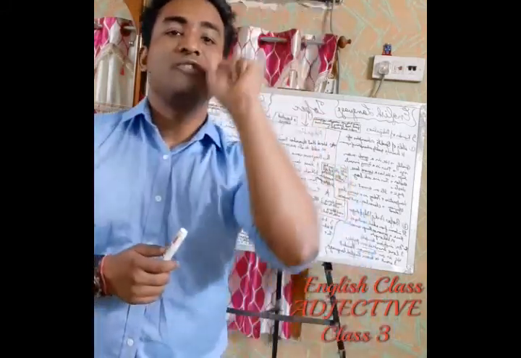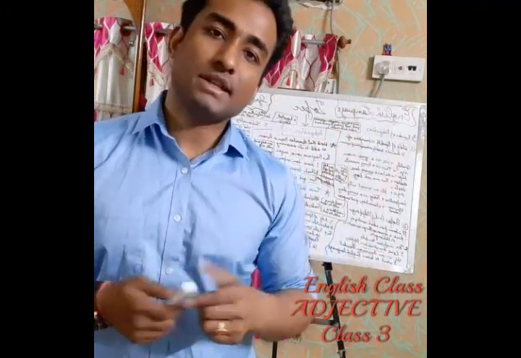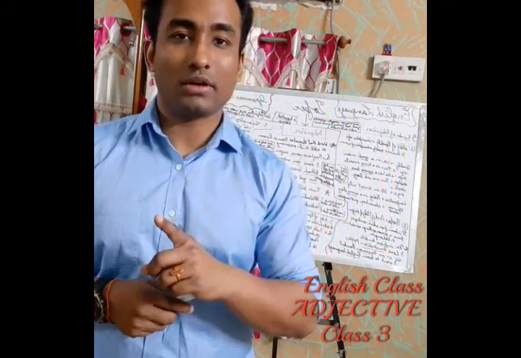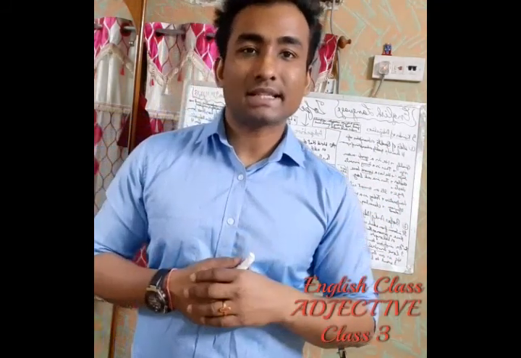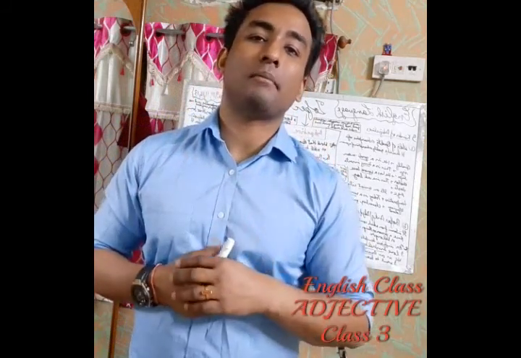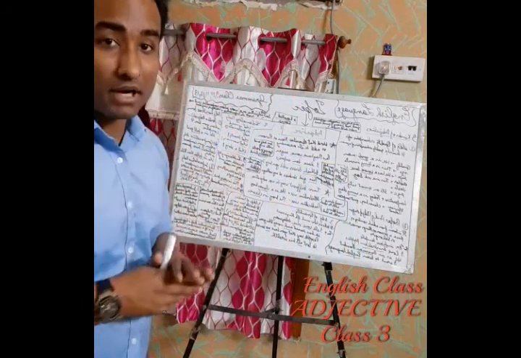So this double is actually describing the word face, and face is a noun. When a noun is described by a word, what do we call that? Adjective. So here also double is an adjective, and double, what kind of adjective? Multiplicative adjective of number. So I hope I have made you understand what is adjective of number, guys.